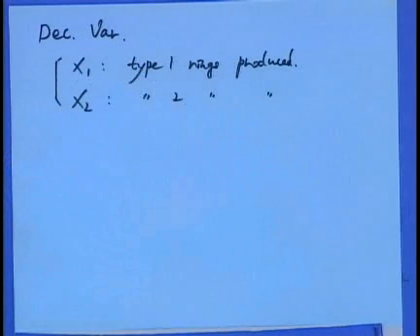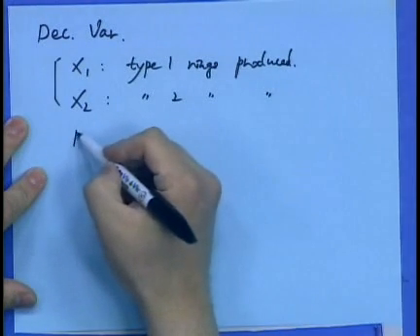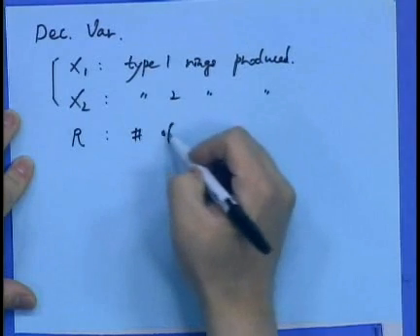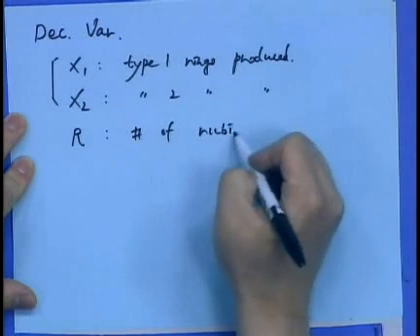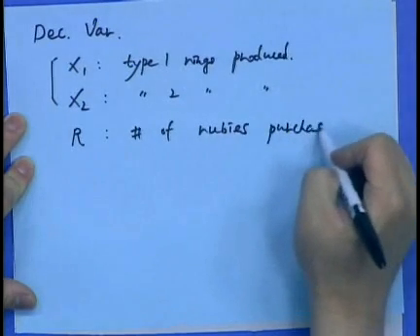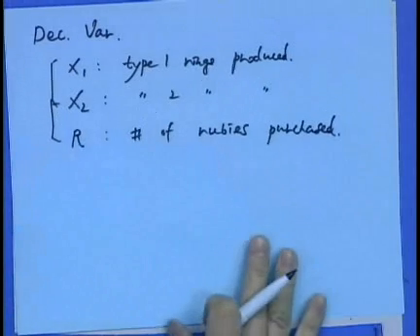What else? Because extra rubies can be purchased, we may define another decision variable. Let's say R stands for the number of rubies purchased. So we have 3 decision variables.